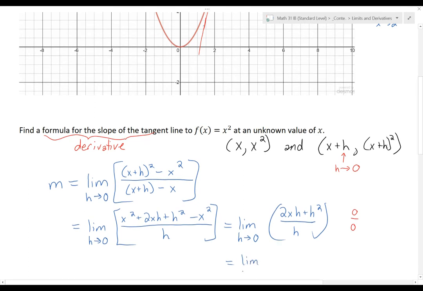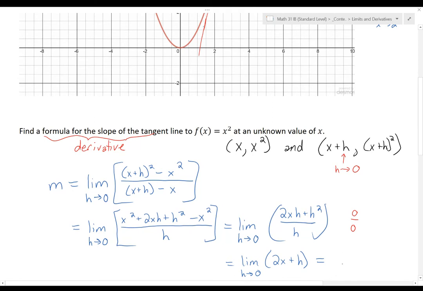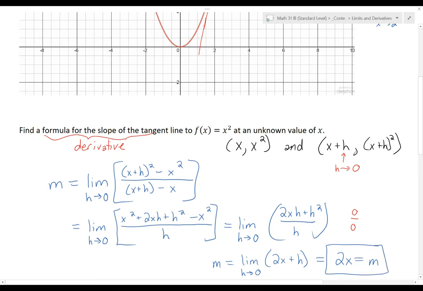So I can divide both terms by h, and that gives me the limit as h approaches 0 of 2x plus h. Now, as h approaches 0, if I just substitute this in, I get 2x. So the slope of this function at any given point is equal to 2x.